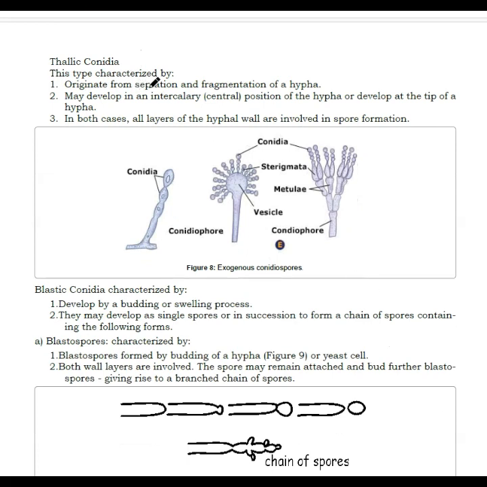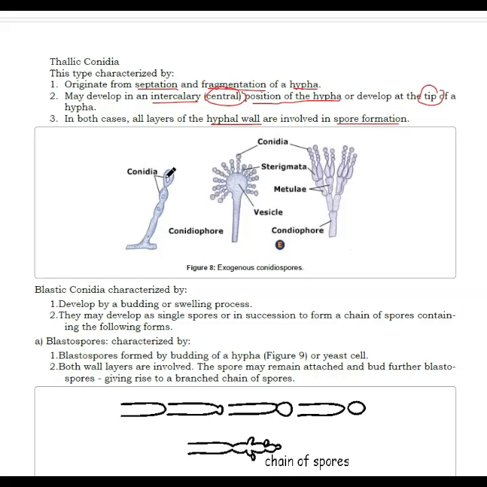These originate from septation and then fragmentation of the hyphae. So first septation occurs and then the wall thickens, as you remember, and they may develop in an intercalary or central position of the hyphae, or at the tip of the hyphae. All the layers of the hyphal wall are involved in spore formation.